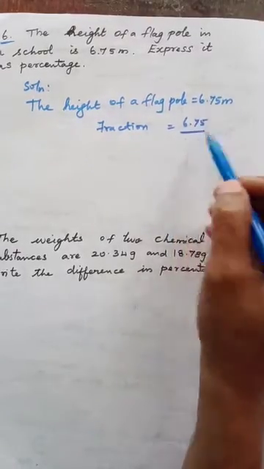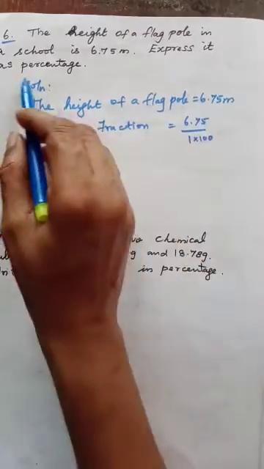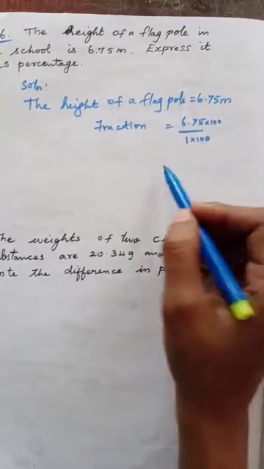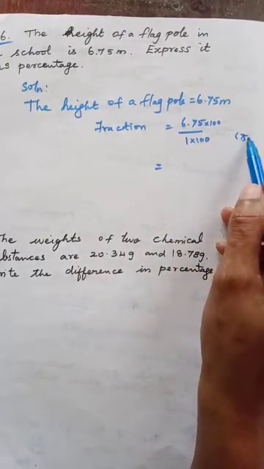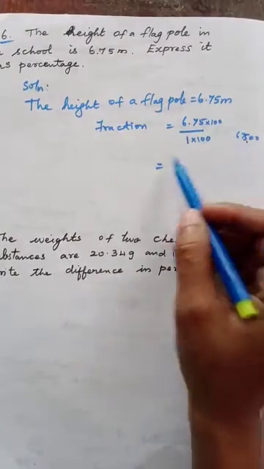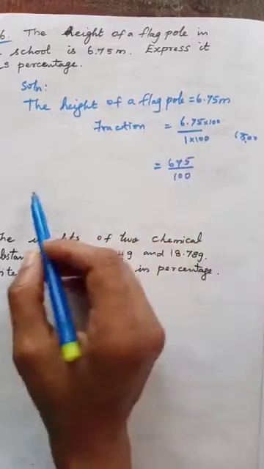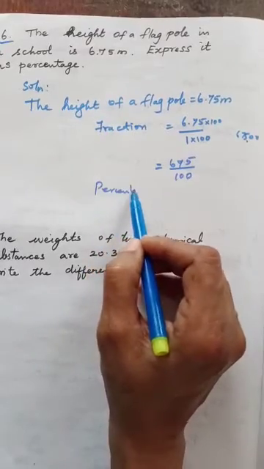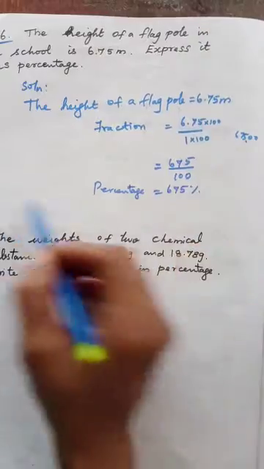6.75 divided by 1 here we have, isn't it? You have to multiply this by 100 because we have to change this to percentage. The denominator must come 100. So now you have multiplied, 67500. After 2 digits you have to keep point. Then it will come 675 by 100. Now the percentage is equal to 675 percentage.